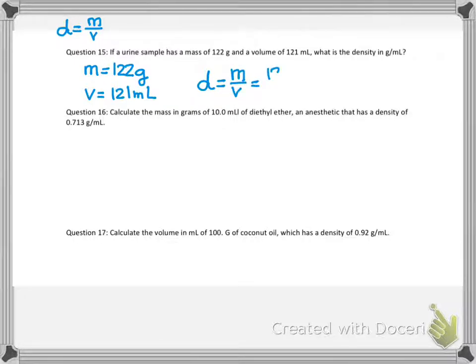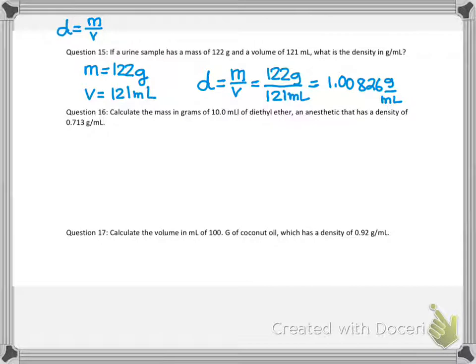You're given the mass of 122 grams and the volume of 121 milliliters. So 122 divided by 121, I got an error when I plugged in my calculator. Okay, it equals 1.00826. The units would be grams per milliliter.